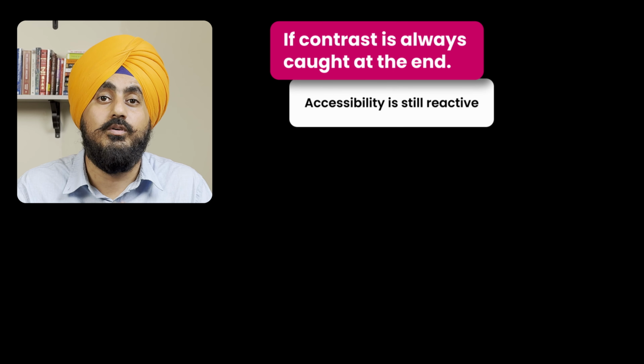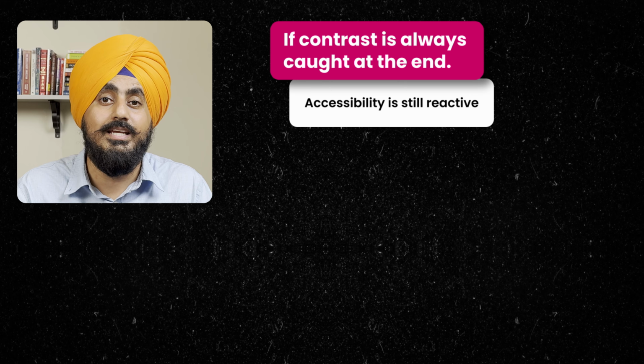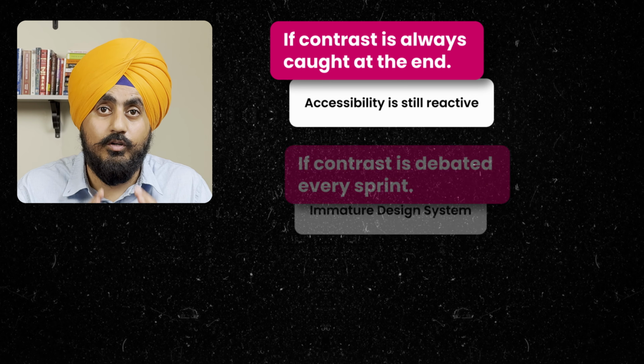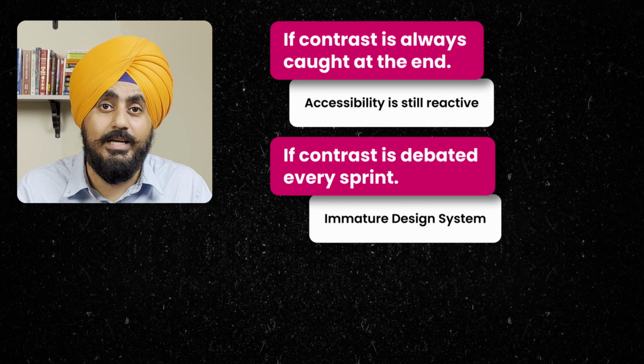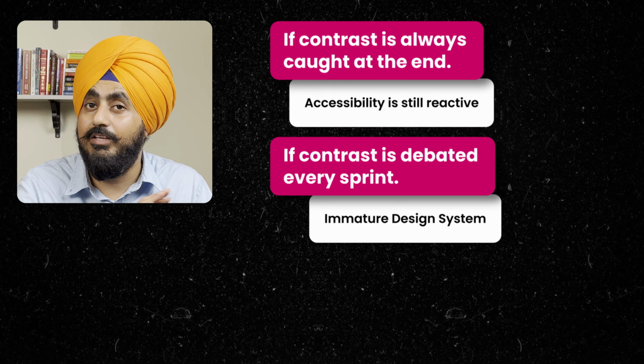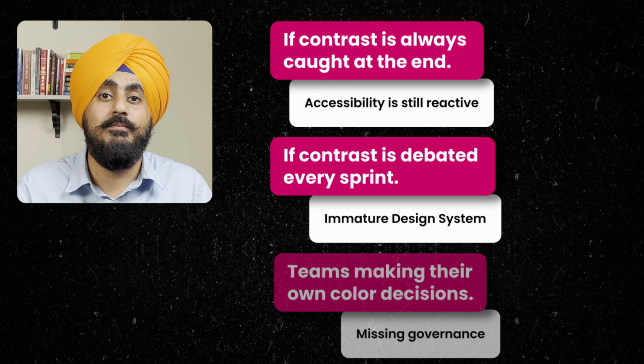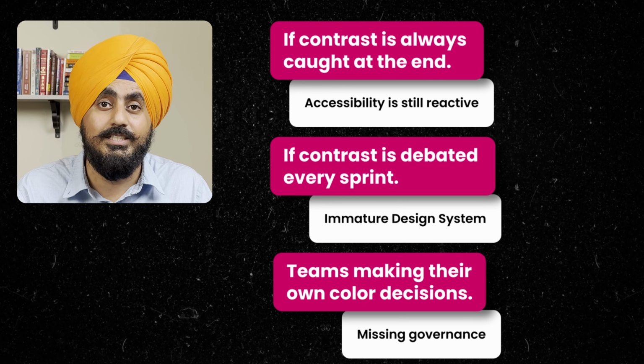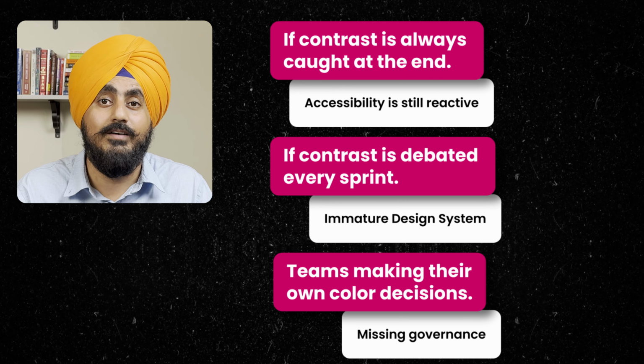This is why low contrast is such a powerful accessibility issue, because it looks small, but it reveals how the team really works. If contrast is always caught at the end, accessibility is still reactive. If contrast is debated every sprint, your design system is not mature enough. If every team makes its own color decisions, your governance is missing.